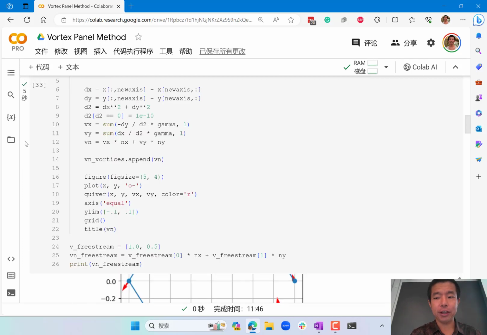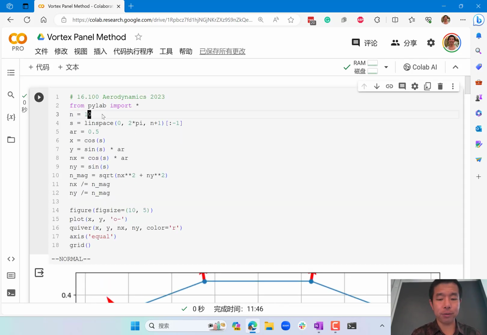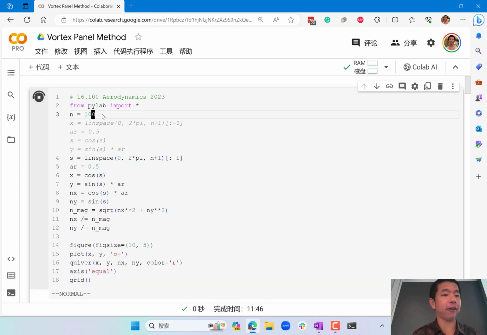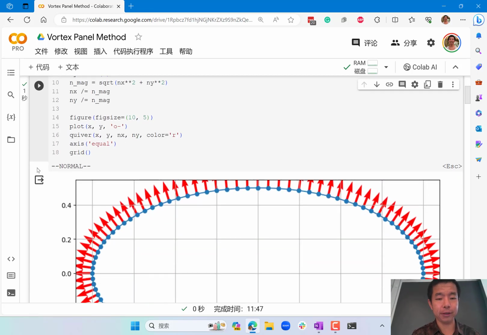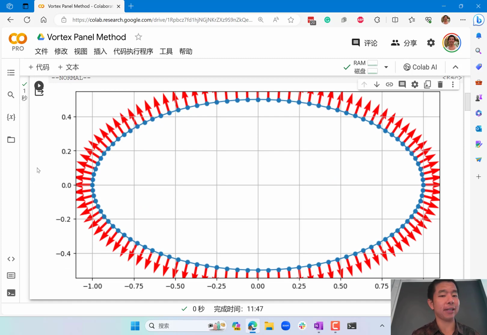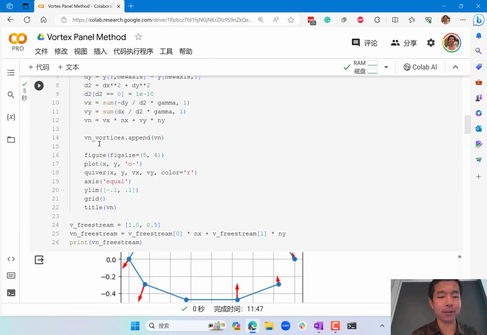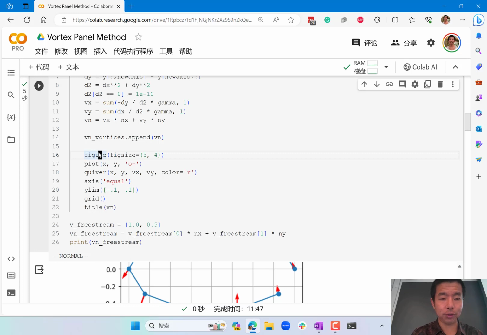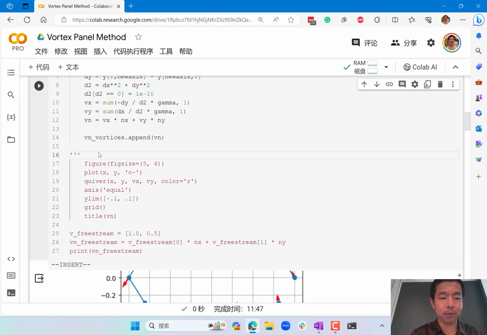Let's change our n to be 100 instead of only 10 and potentially get a much better solution. So here's my new discretization with 100 points. And here I don't want to generate 100 plots, so I'm going to comment this out.